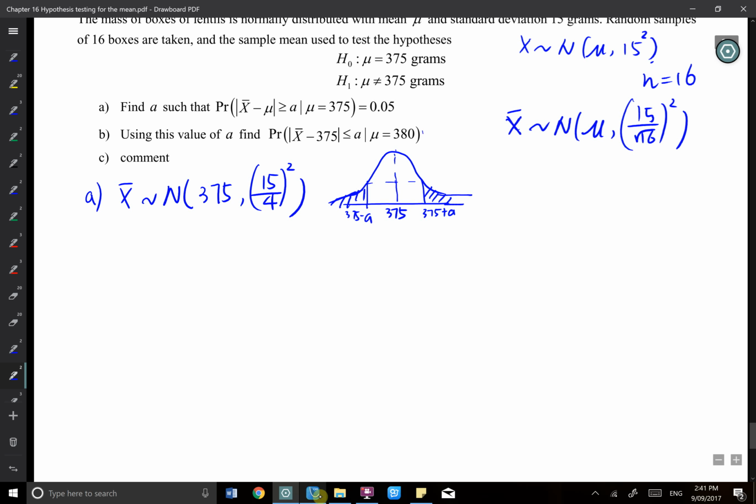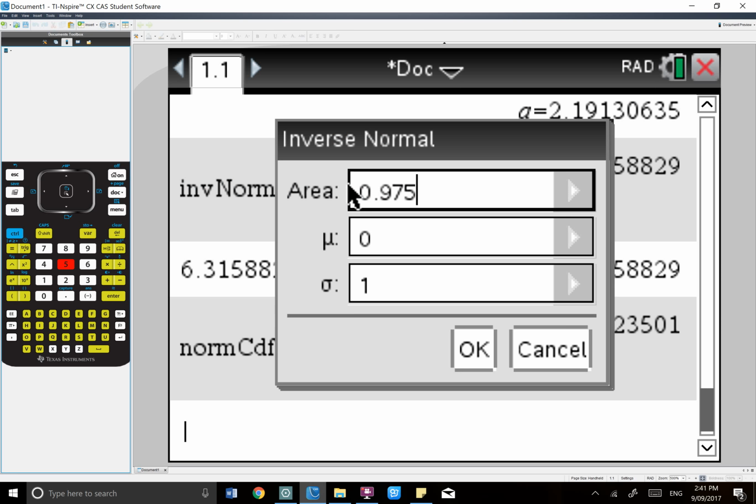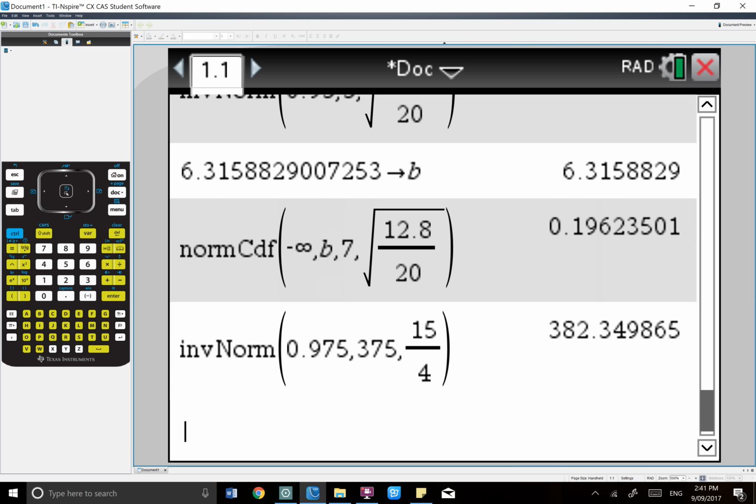I'm looking for the left-hand side of that. This is 0.975 because that's 2.5% in the tail. And then mu is 375, that's given, which is the true mu. And then 15/4 is the standard deviation.